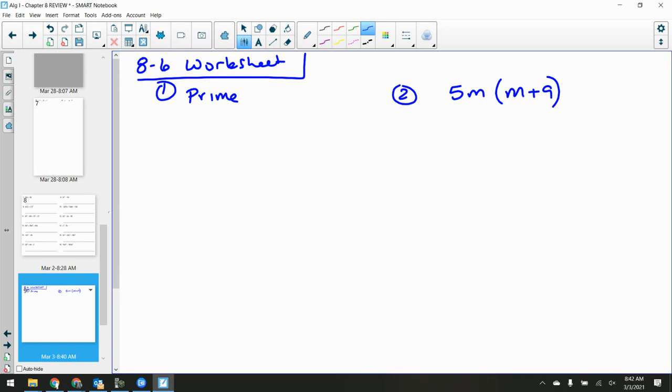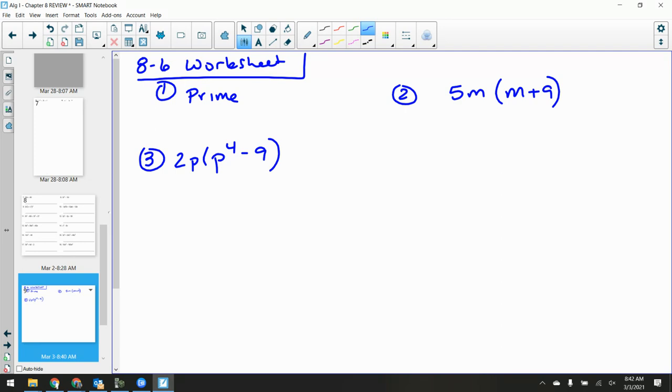Number 3, Serenity. What do you say about that one? Be careful with that one. That original problem was p to the 4th minus 9, right? So there's no GCF in there, but is it a difference of squares?